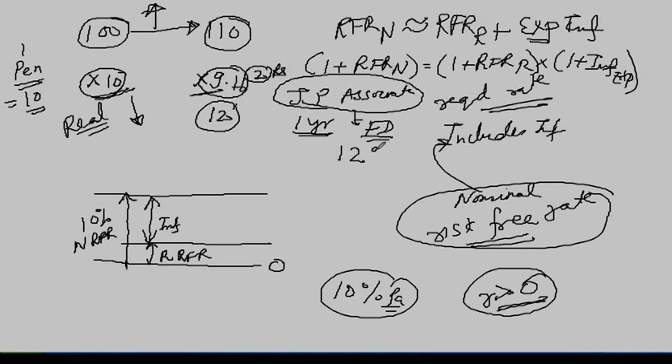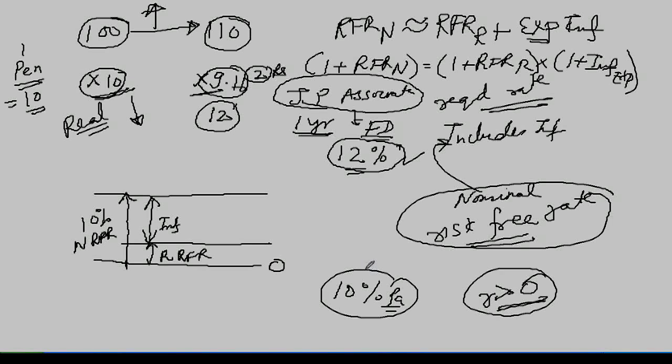I think they are offering around 12% for a 1-year rate. So Canara Bank is offering 10% for the fixed deposit, while JP Associate is giving 12%. Why are they giving 2% more? What is the reason? Now Canara Bank is a government bank, right?